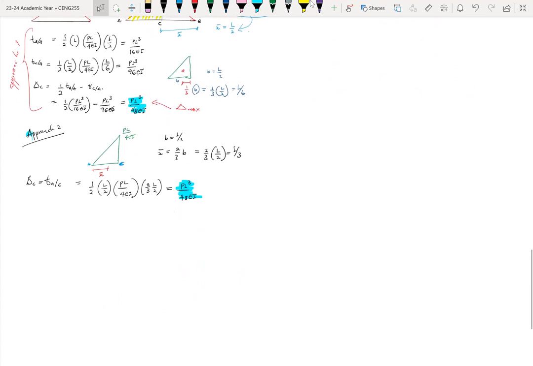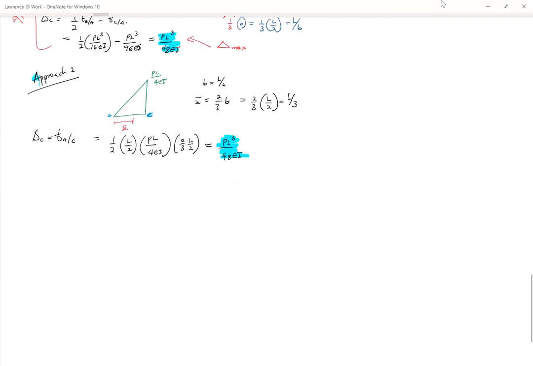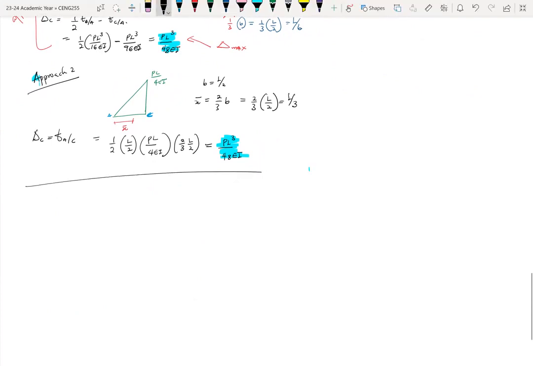So let's summarize what we've been looking at. So in summary, when you are given these types of problem, one, you try to draw the M over EI diagram. Okay.